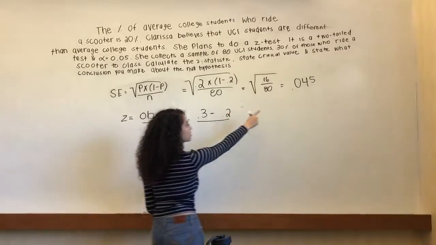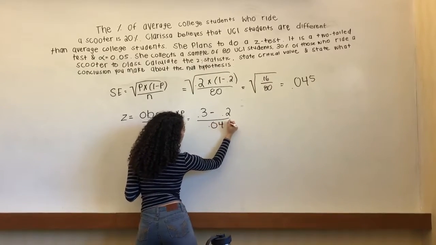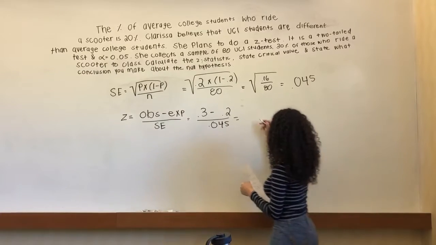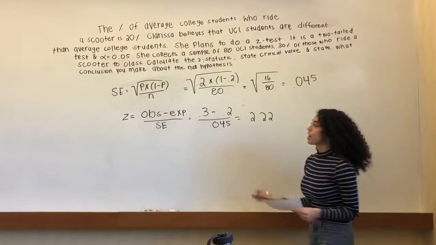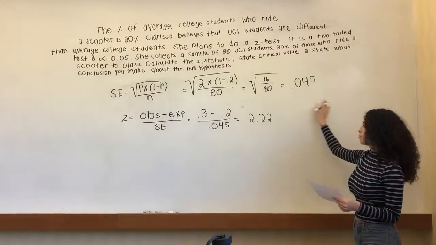And our standard error is 0.045. So we just plug that in and we solve it, which is going to be 2.22.